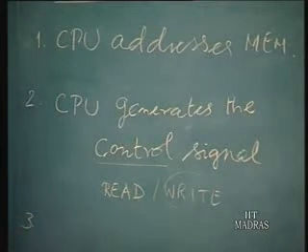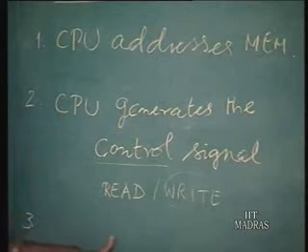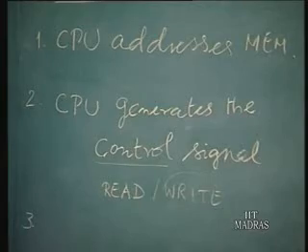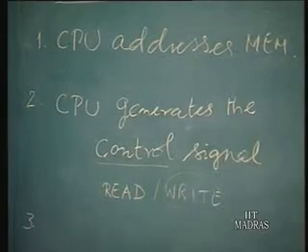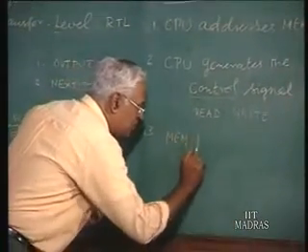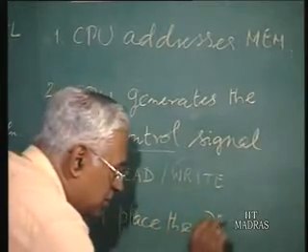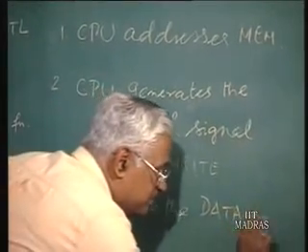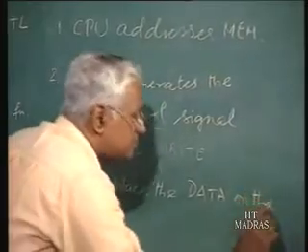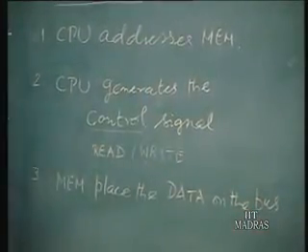Now, the CPU addresses the memory. The CPU generates the read signal. Now, as a true slave, memory must respond, and memory must place the data on the bus so that the CPU may read this data.